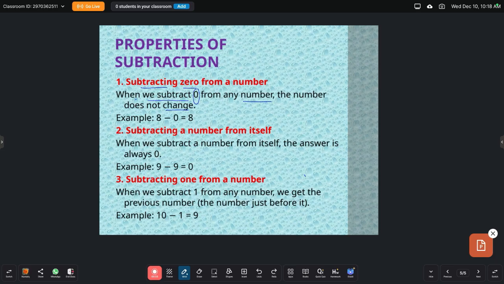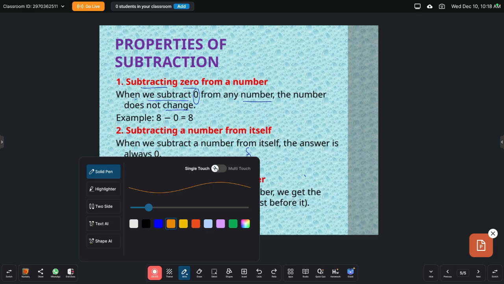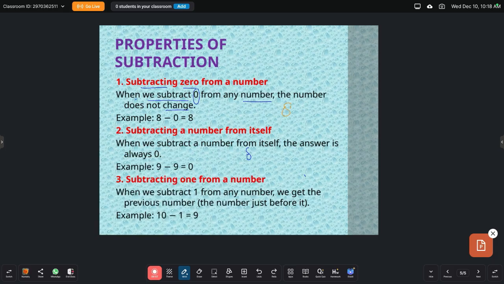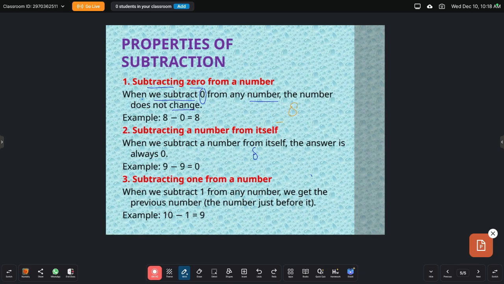Look here, we have an example, 8 minus 0. It tells us when we subtract 0 from any number, the answer is the number itself.